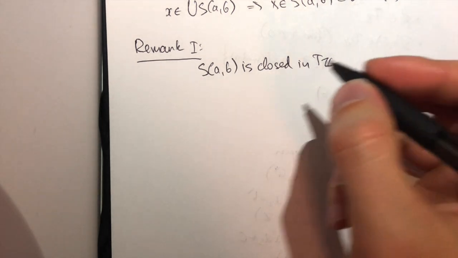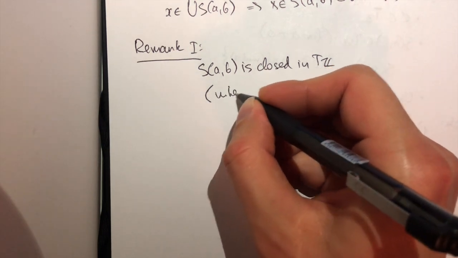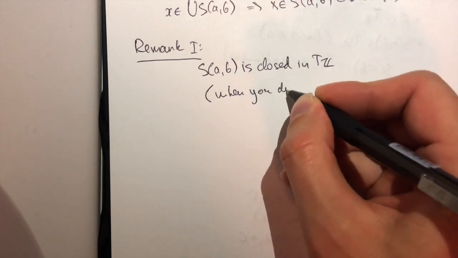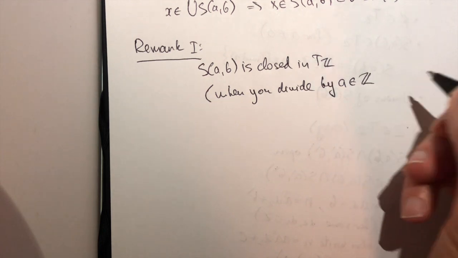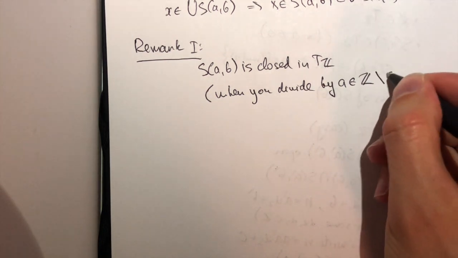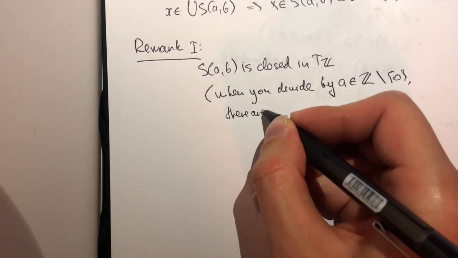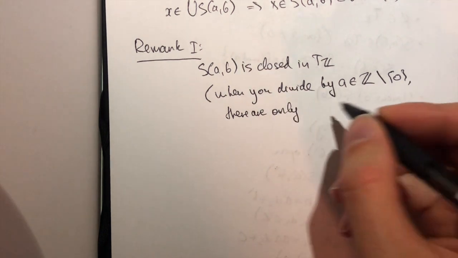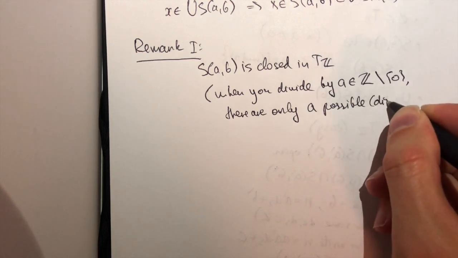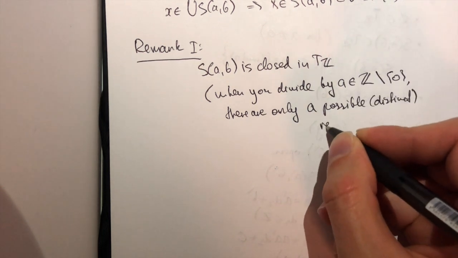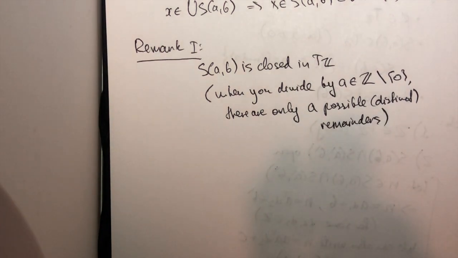Now, if you want to see it, you can just remember that when you divide by A, that is a non-zero integer, there are only A possible distinct remainders, right?